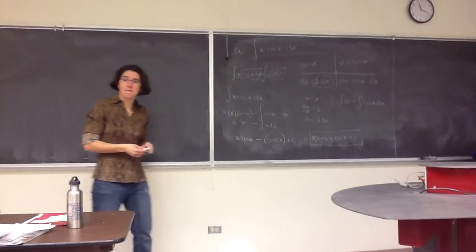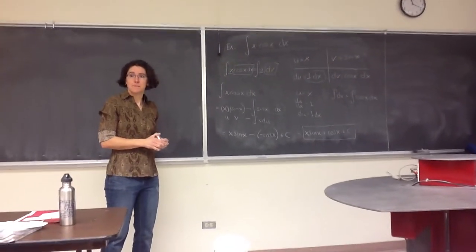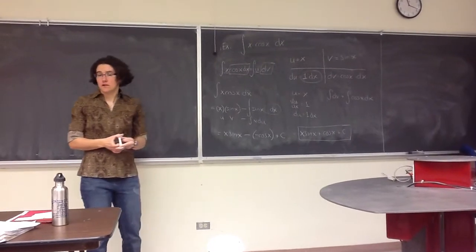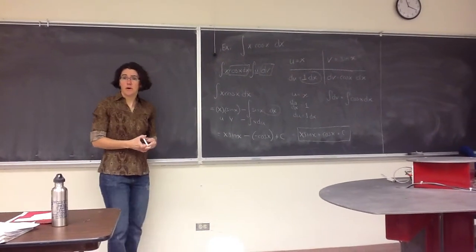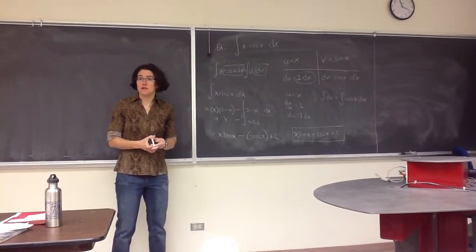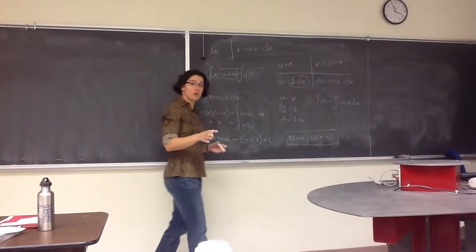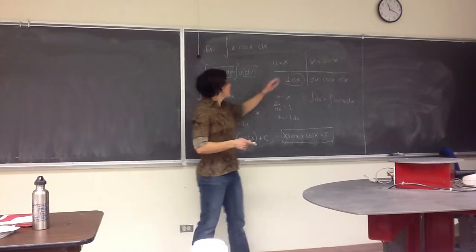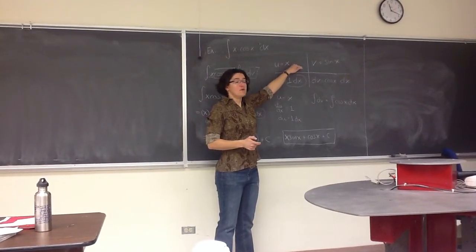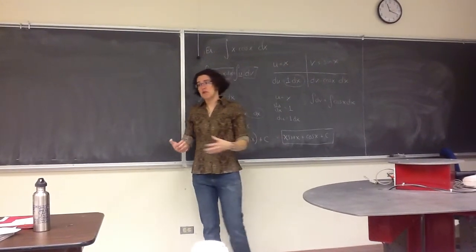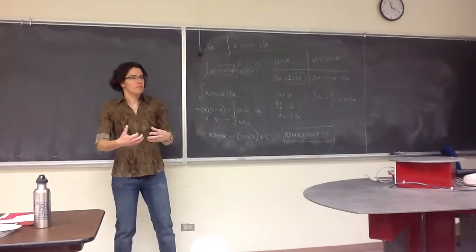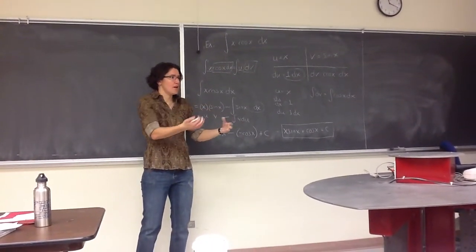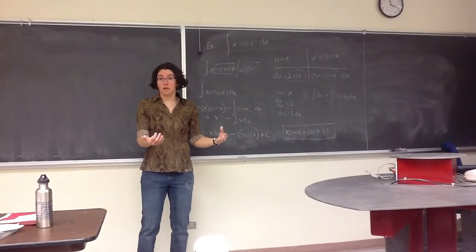So for picking your u, is it just always the single thing in front? Good question. What are good rules of thumb for choosing the u? This is exactly what we're going to talk about next, and it is very different from u substitution. In u substitution, the rule of thumb is to choose the inside function, the function whose derivative shows up in the other portion of the integral.